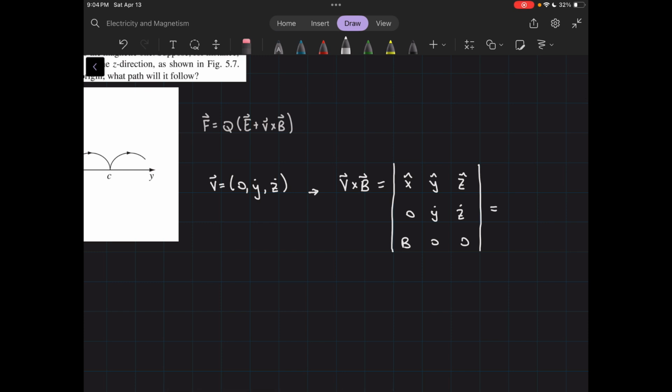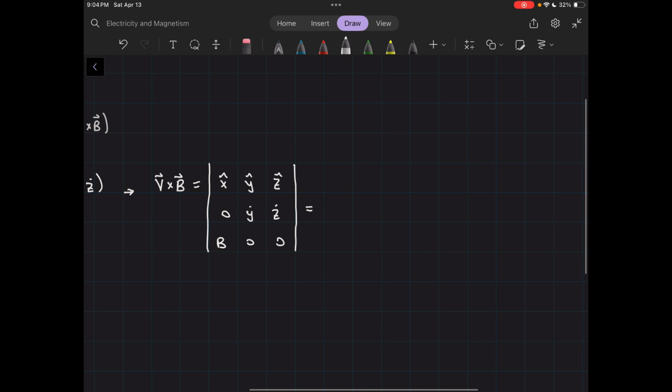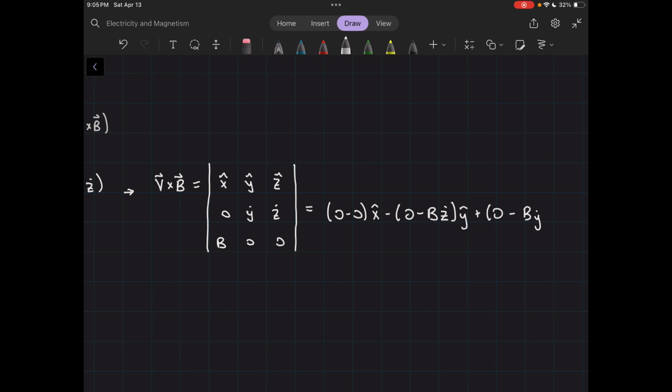Okay, so in the x direction, it'll be 0 minus 0 in the x hat direction, minus 0 minus b z dot in the y hat direction, plus 0 minus b y dot in the z hat direction.